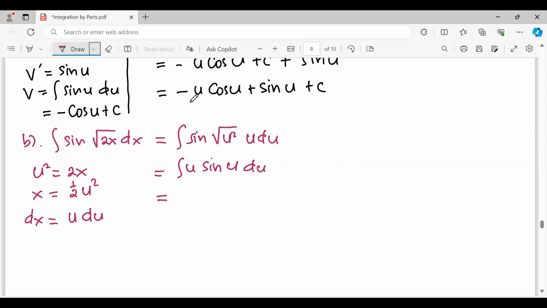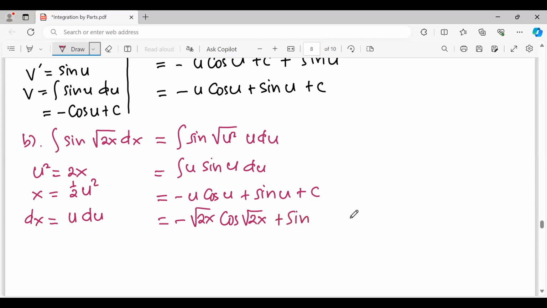This is the integral of u sine u, this one, which is minus u cosine u plus sine u plus c, which is minus square root 2x cosine square root 2x, because u equals square root 2x, plus sine square root 2x plus c.